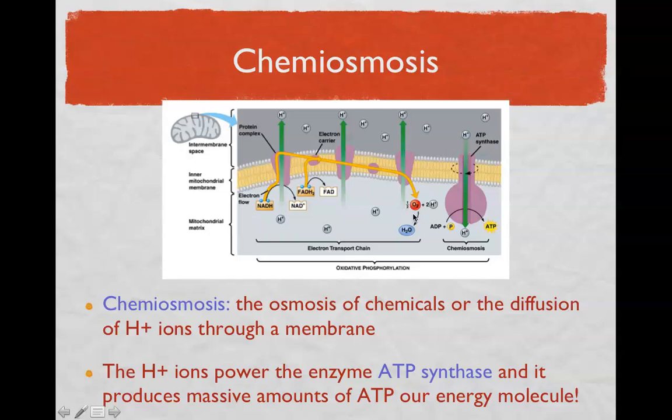We've got to breathe in oxygen. Here's why: without oxygen, there's nothing to pick up those hydrogens that I'm shuffling along this electron transport chain and down through ATP synthase. They have to have something to attach to. And what do they attach to? They attach to oxygen, and that's where we get some of the water out of cellular respiration.